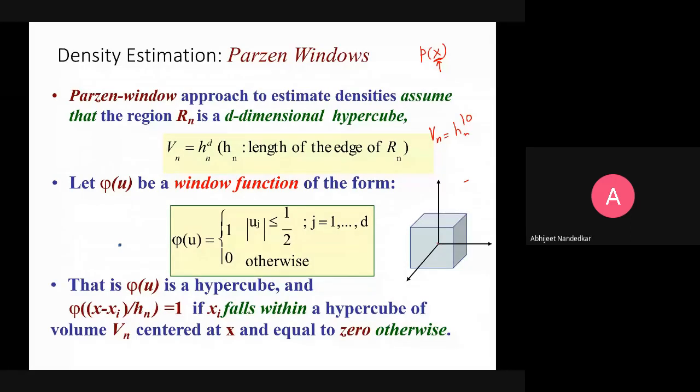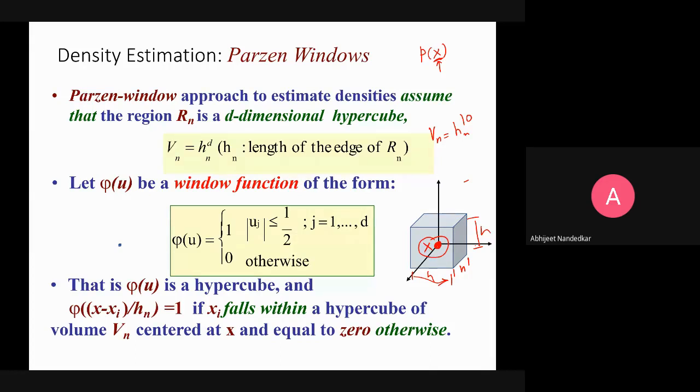So this x we will keep here at the center of this box, and we will have a hypercube of dimension h. Okay, so the height, width, and depth of this is h. This is centered, so the center point here is the point of interest, that is x.